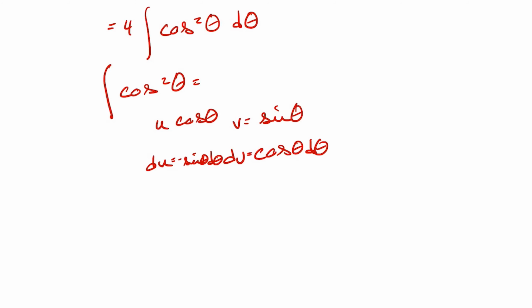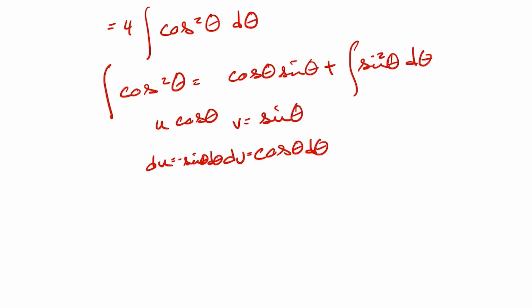So the integral of cosine squared theta would then be equal to uv, so that's cosine theta sine theta, minus the integral of sine theta times negative sine theta, so that just becomes plus sine theta squared d theta.